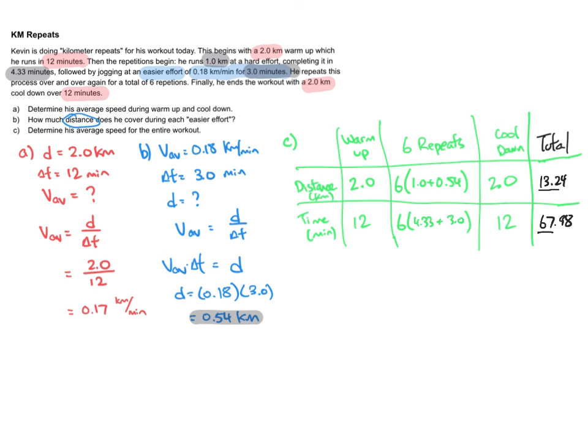So I'll finish this off, determine the average speed for the total workout. Same formula, distance over time, using these totals.